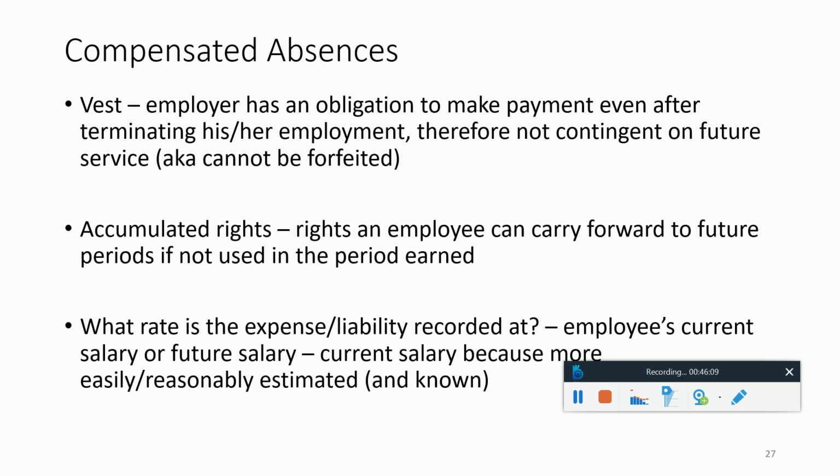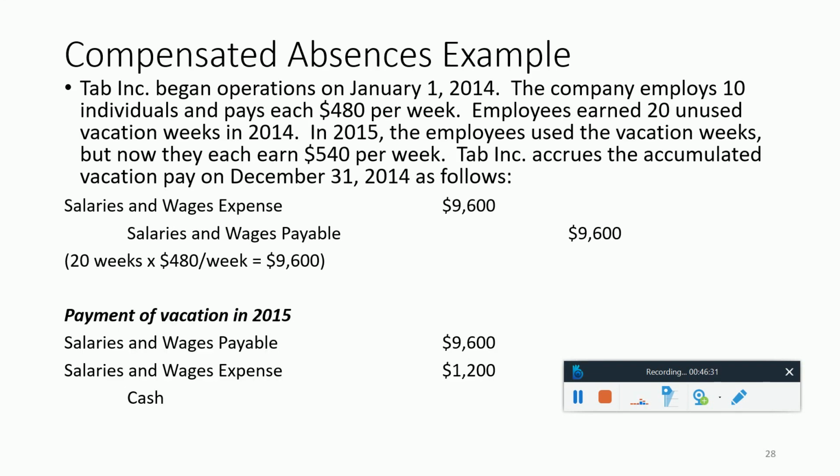So all of those then have impacts on how to actually calculate the liability. And then the last piece is, what rate or what salary do we use to calculate that liability? And so the rule of thumb is to use the current salary, because that is more easily and reasonably estimated or known.